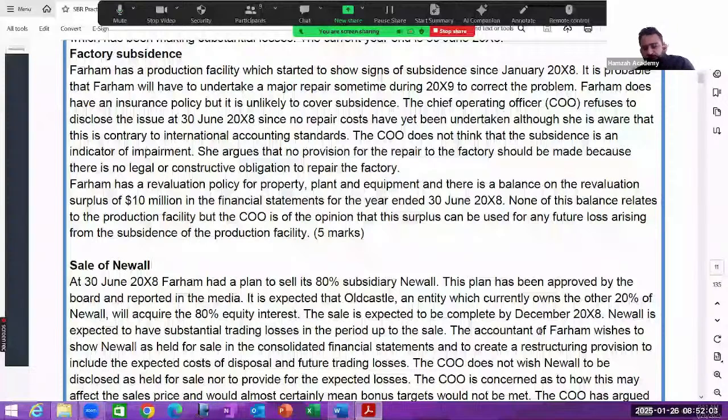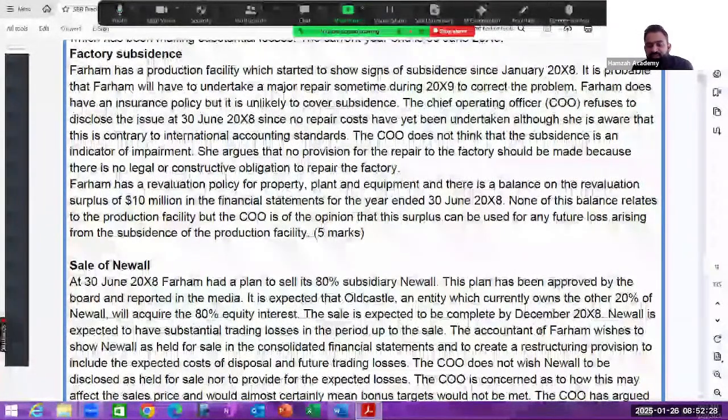Farham has a production facility which started to show signs of subsidence since January X8. It is probable that Farham will have to undertake major repair sometime during X9 to correct the problem. Farham does have an insurance policy, but it is unlikely to cover subsidence.